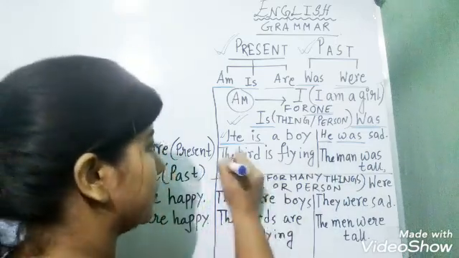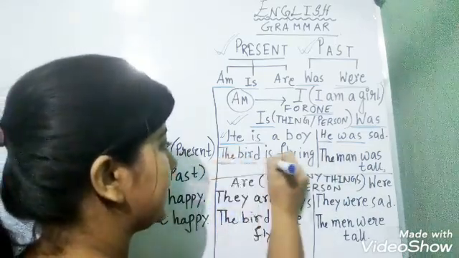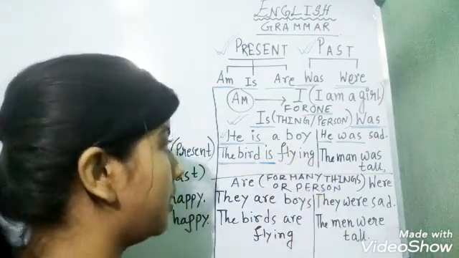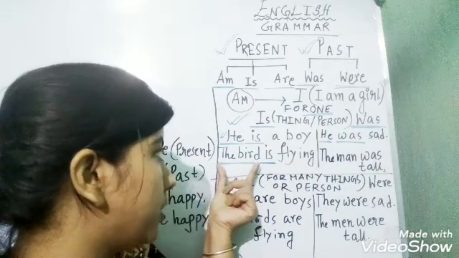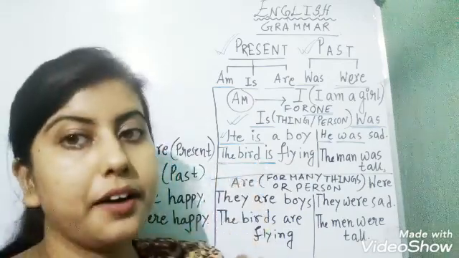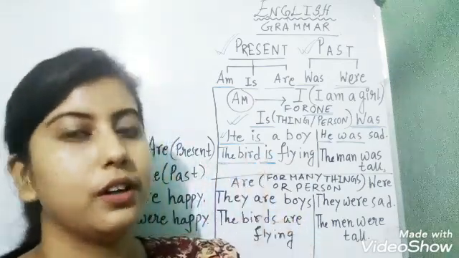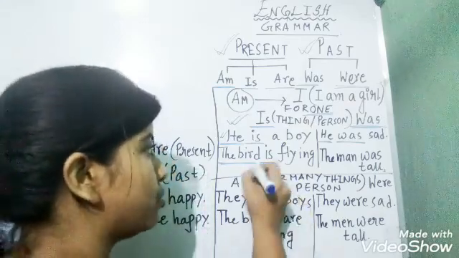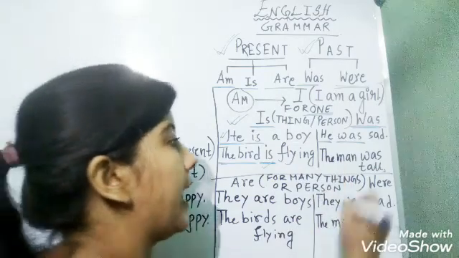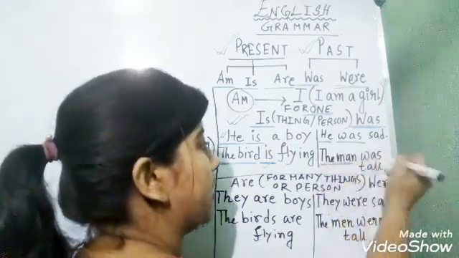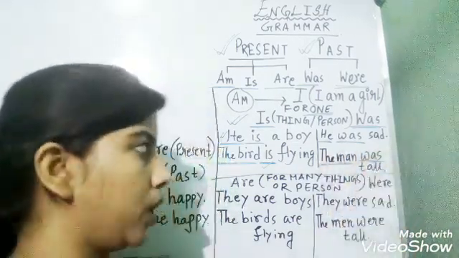Next I have written, the bird is flying. With the words the bird, we are denoting one bird. That is why we have used is. Here also I have written, the man was tall.